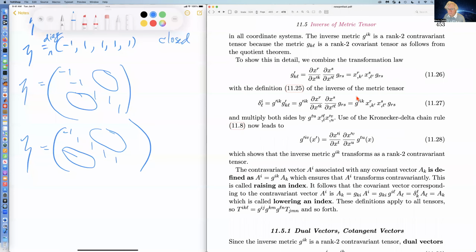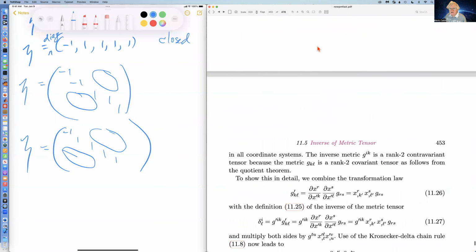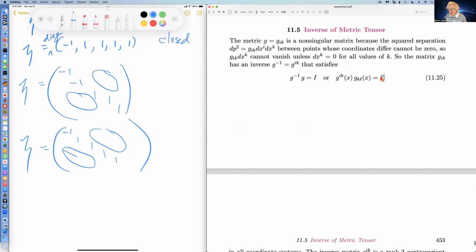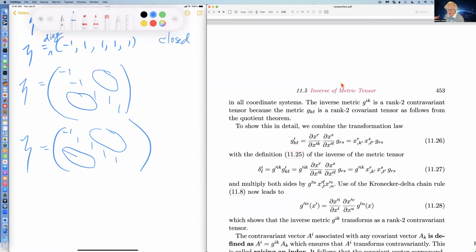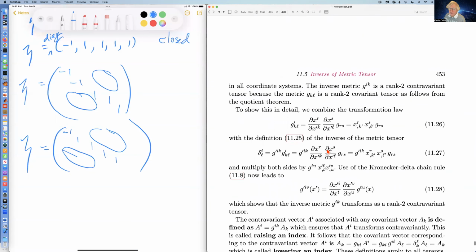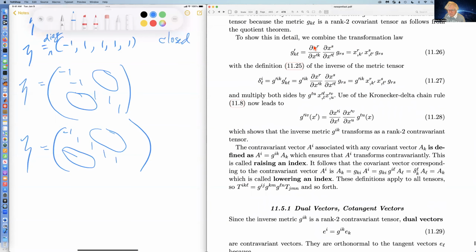For this inverse metric, you can apply the quotient theorem: since it satisfies this equation, and we know G is a covariant rank 2 tensor, this has to be a contravariant rank 2 tensor by the quotient theorem. Or you can go through the derivation in detail here.